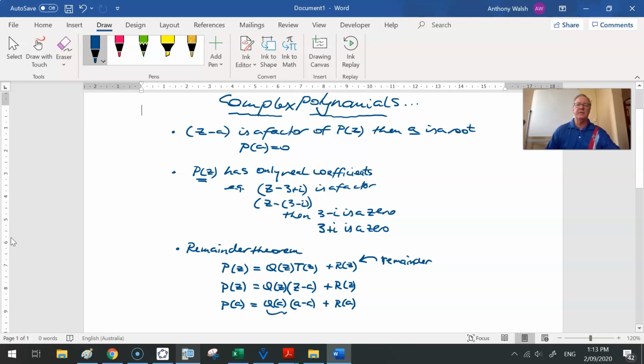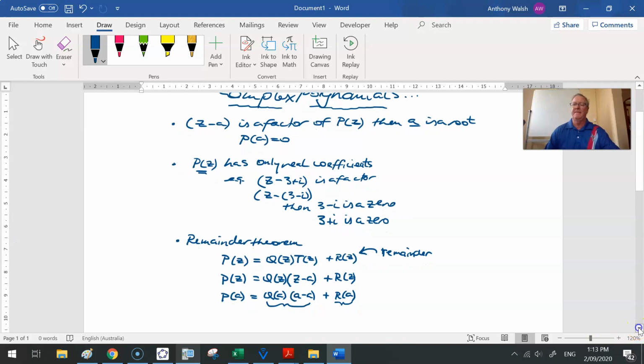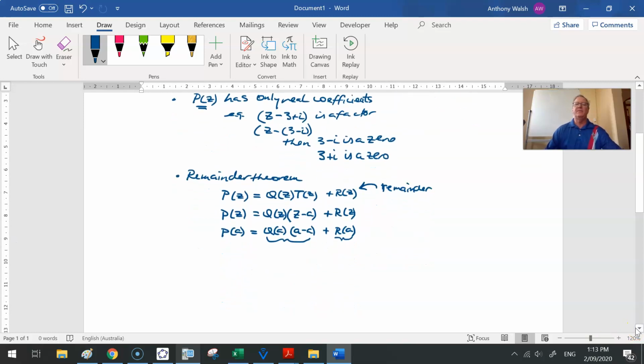So all you'd be left with is just the remainder. So the value of a put into the original function equals the remainder. Now, if the remainder is equal to 0, then you know that z minus a is a true factor of the thing. So keep that in mind. If you put a value into a particular function and it doesn't equal 0, whatever that value is, that is the remainder. If the remainder equals 0, then z minus a must be a factor, and a must be a zero.